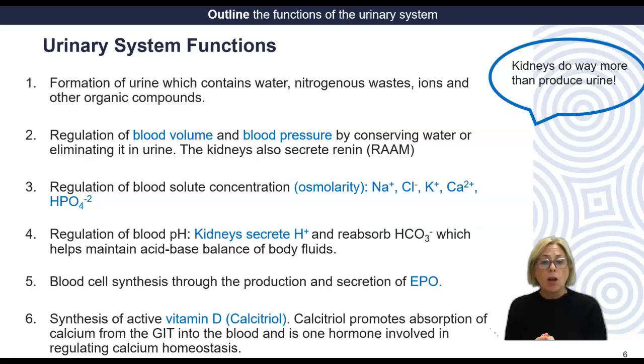And calcitriol is made, the first step of it is due to UV exposure of the skin. The second step then occurs in the liver, but the final step occurs in the kidneys, and we get this active vitamin D, which promotes absorption of calcium from the gastrointestinal tract into the blood. And therefore, it's one of those hormones, along with parathyroid hormone and also calcitonin, which we've learned about before, that are involved in regulating calcium homeostasis.